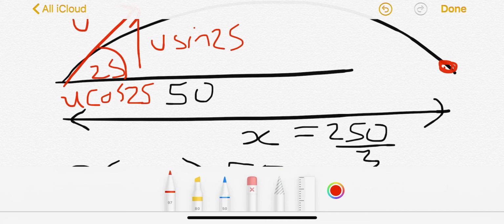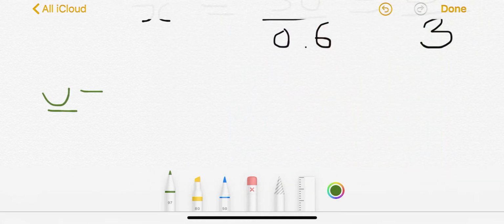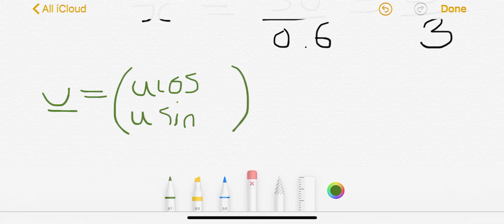So what do we know? The initial velocity is u cos theta horizontally and u sine theta vertically. We know that theta is 25 degrees.